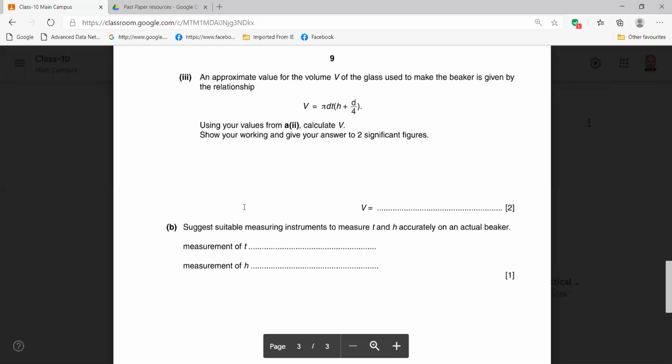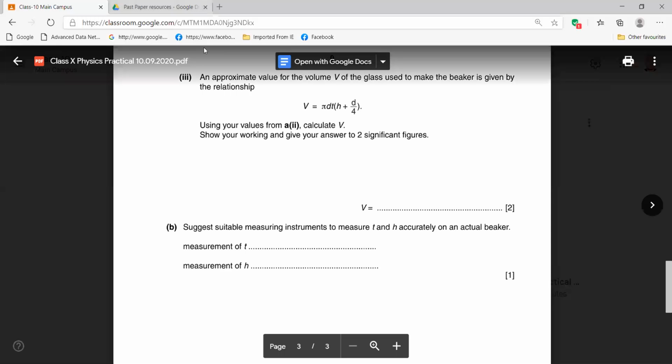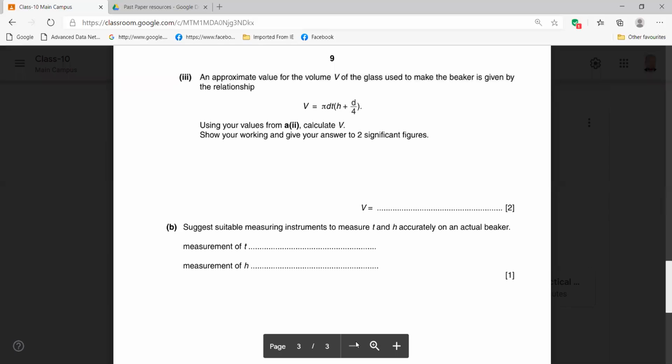17.2. I also get 17.2. Okay, in two significant figures. 17.20? No, sorry, in significant figures, only 17. Yeah, only 17 centimeter.